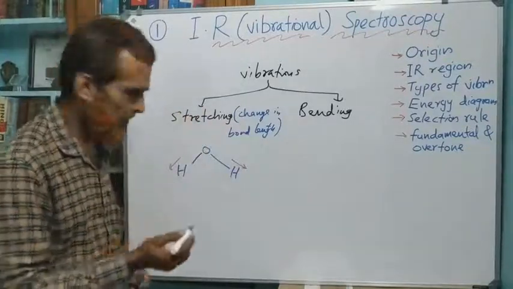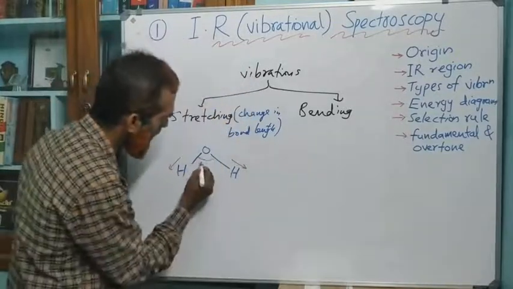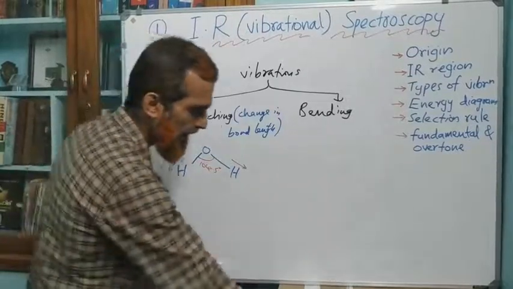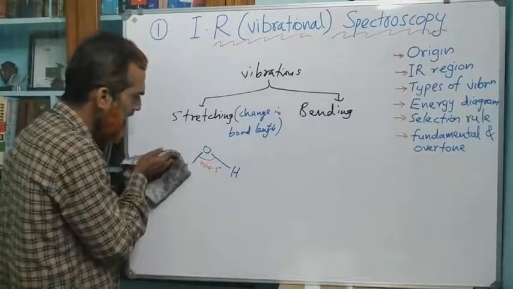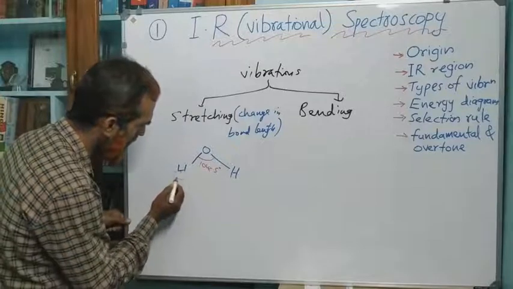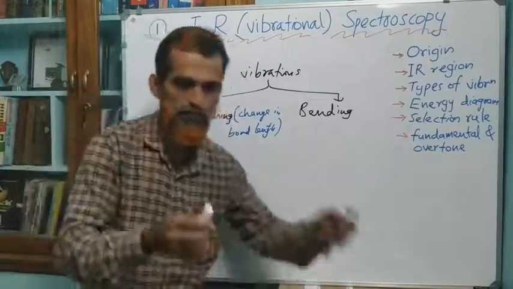And what is bending? Here, as I said, this is having bond angle 104.5 degree. So what can happen is that these two bonds can undergo another type of vibration, that is, it moves like this, it goes out and comes back like this. It's very easy, simple to understand.